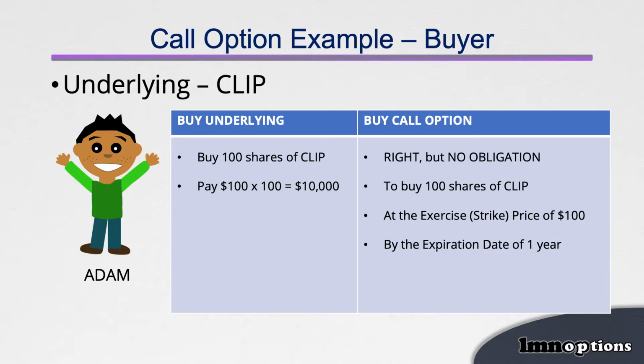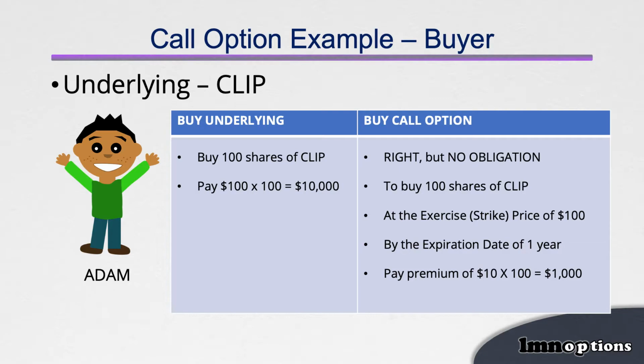Let's just say, for this example, he buys a 1-year call option. And for this option, he pays a premium, which is a fraction of the cost of buying the underlying. And in this example, the premium is $10 for this option. And so the amount he pays is $1,000. So let's see how this plays out.